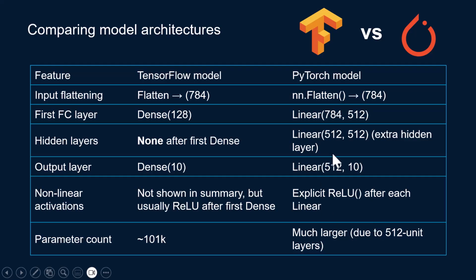It's slight differences, and here you essentially have a deeper neural network on the PyTorch side, which adds a hidden layer that is essentially the same dimension, so no real additional complexity, but it ends up being much larger overall in terms of the number of parameters because of this additional hidden layer.